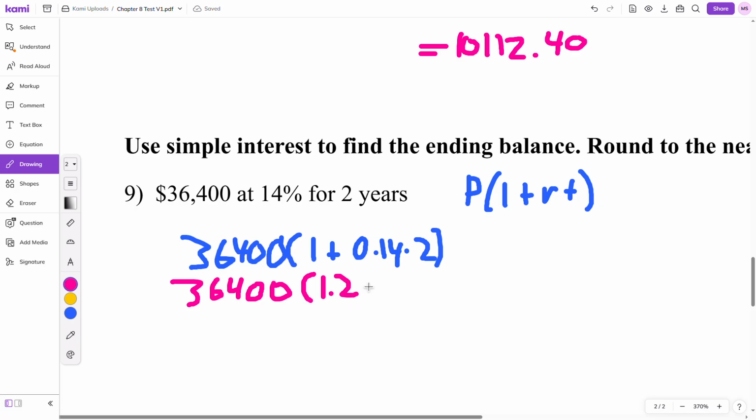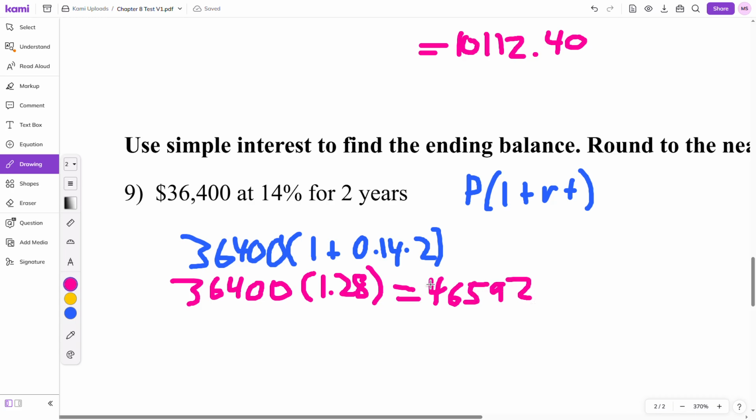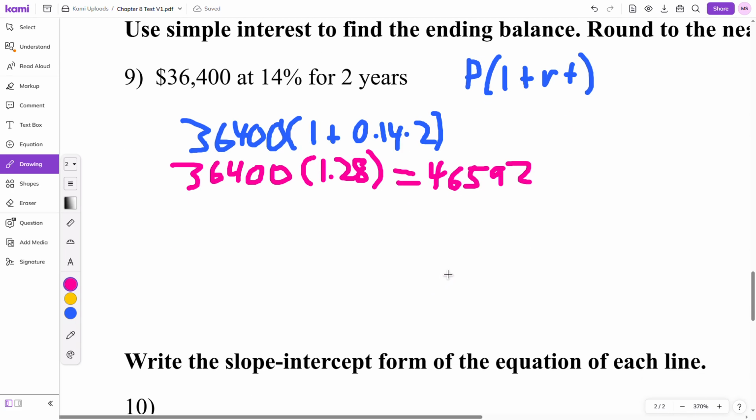I'm going to go ahead and combine those two. And then, again, feel free to use a calculator for this. 1.28 times 36,400. And that's going to give you an answer of 46,592. And that's it. That's your answer.